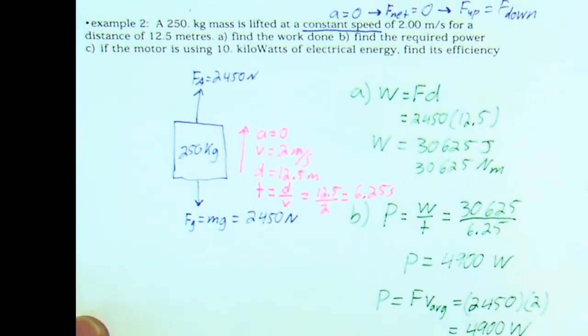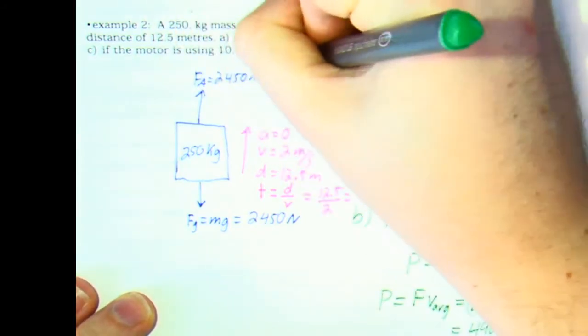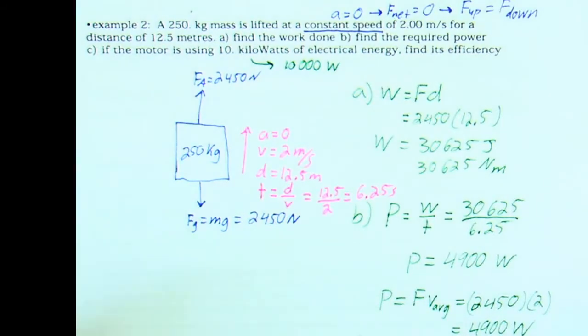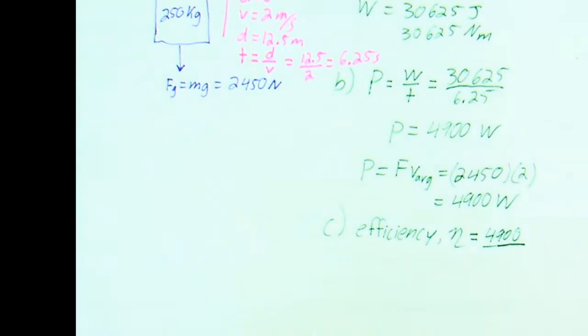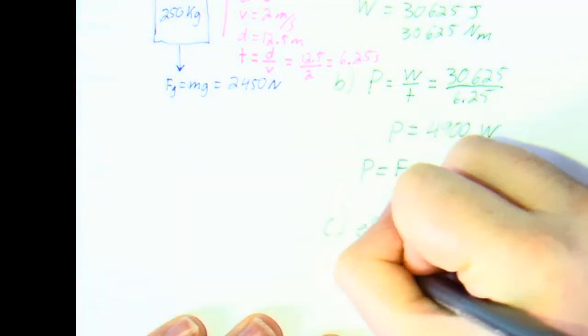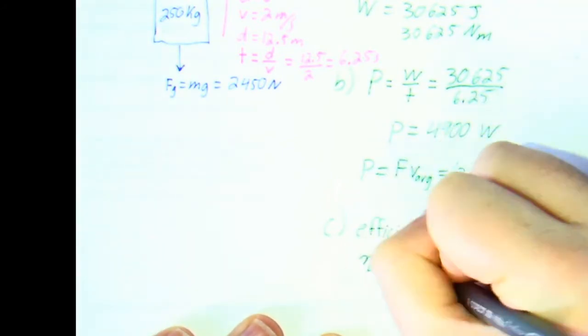Sorry, guys. 10 kilowatts is 10,000 watts. So that tells us how much power that motor is using. So we've got the output. Actually, I should put this down here. Sorry, guys. Efficiency equals output over input.